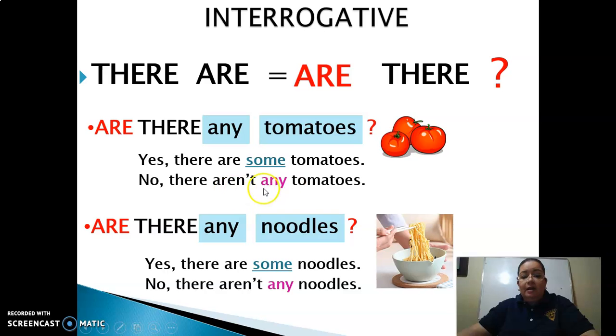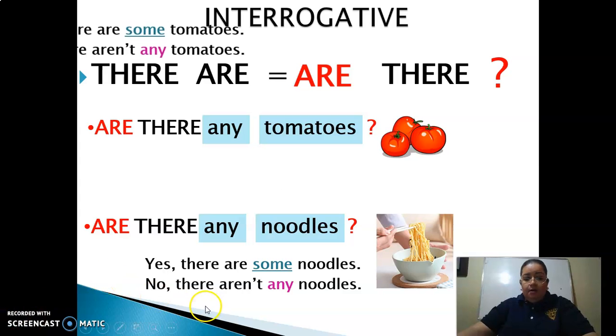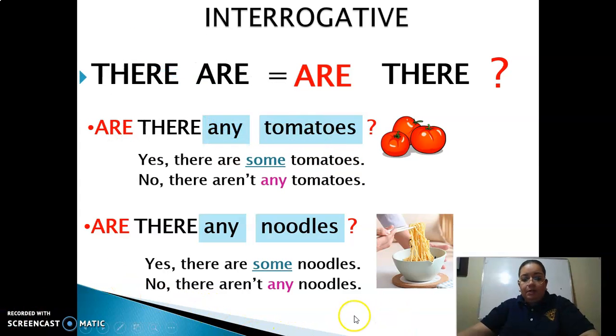Negative, no, there aren't any tomatoes. Any, no. Are there any noodles? Yes, there are some noodles. No, there aren't any noodles. Remember, any is for the negative and some is with positive answers. Yes? Okay. Let's continue.